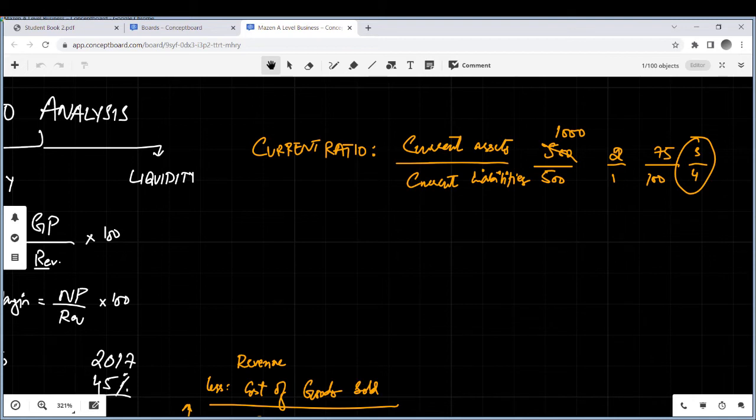Non-current assets are the assets which will not convert into cash within the next accounting year. So it's the assets that will keep earning money without being sold.